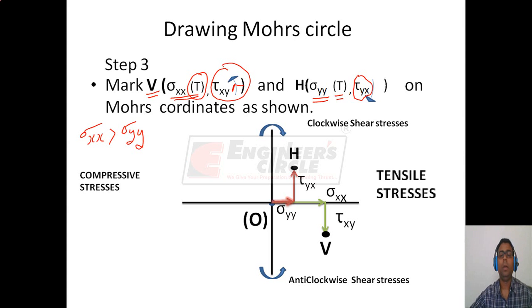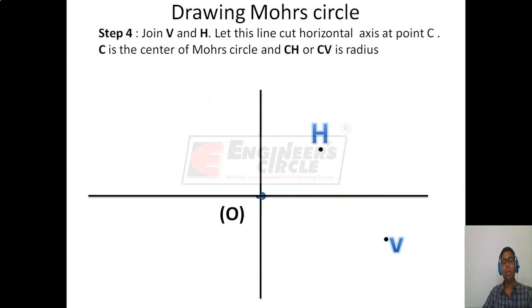Now we have marked the vertical plane and the horizontal plane, V and H. Now, in the fourth step, join the horizontal plane and the vertical plane through a straight line. The point where the straight line HV cuts the normal axis is the center of Mohr's circle, C. Now, with CV or CH as radius, we can draw the Mohr's circle like this.